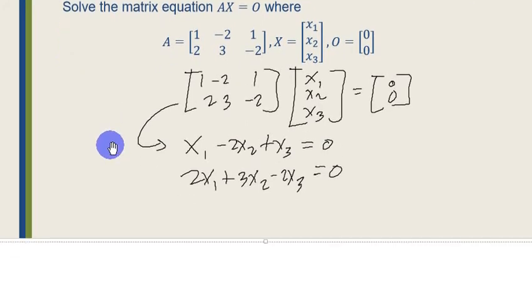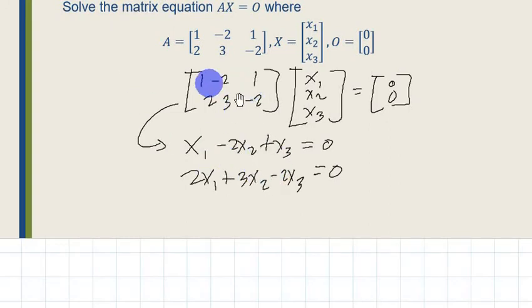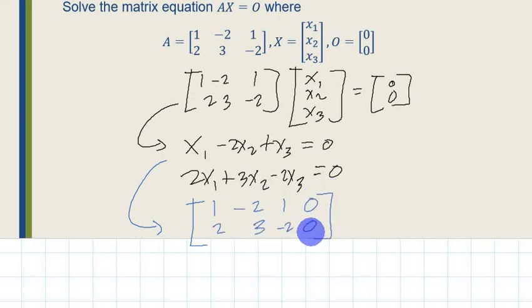So we're going to go back with rewriting. We already have this one here. We just need to include this matrix for our augmented matrix. So our augmented matrix from this system would now be 1, negative 2, 1, 0, 2, 3, negative 2, 0. Now, since this is a homogeneous system with three variables but only two equations, we expect that we're going to have infinitely many solutions.